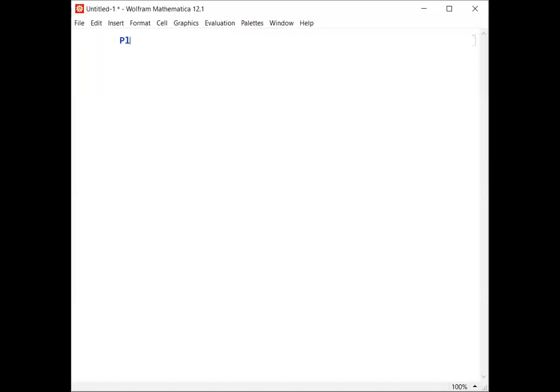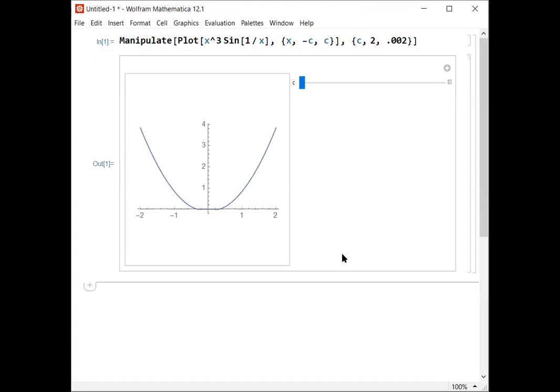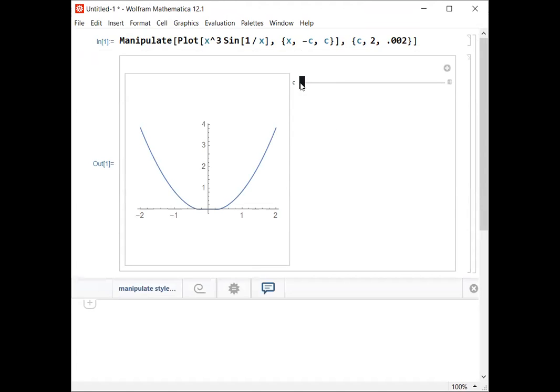So let's plot. So I can zoom in. Let's start to zoom in a little bit.